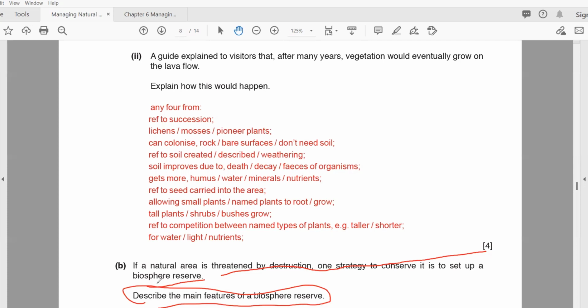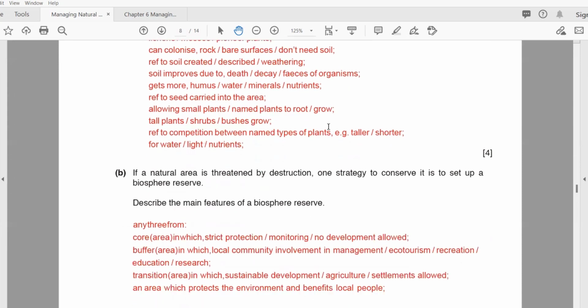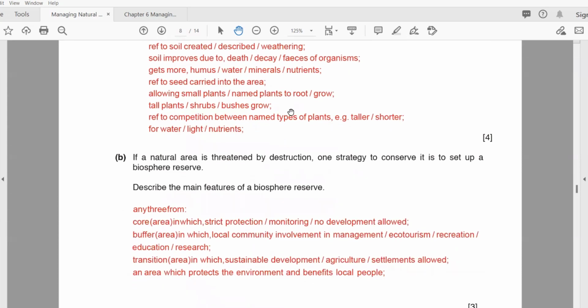Remember some countries have biosphere areas where they conserve the environment. They make different boundaries. In the first boundary only the people can go, then researchers can go, all these things. It will come in the next chapter, inshallah.